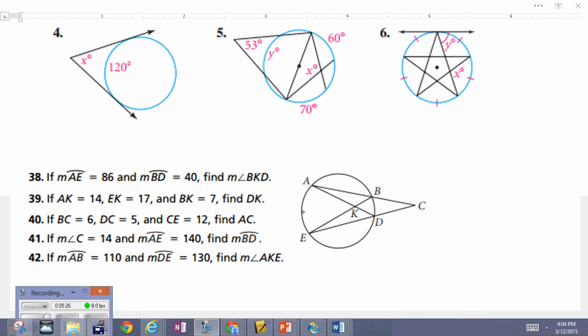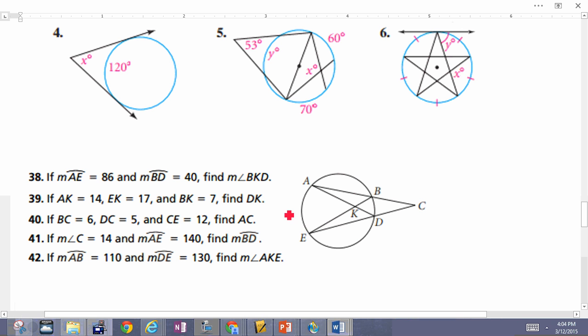Arc AE is 86, and arc BD is 40. We're asked to find the angle BKD. BKD is the interior angle, so BKD as an interior angle is half the sum of the two arcs which it meets up with, which are arc AE plus BD.